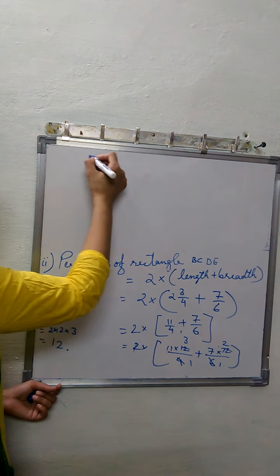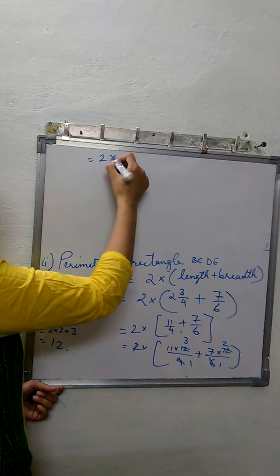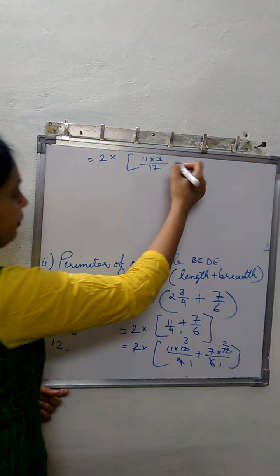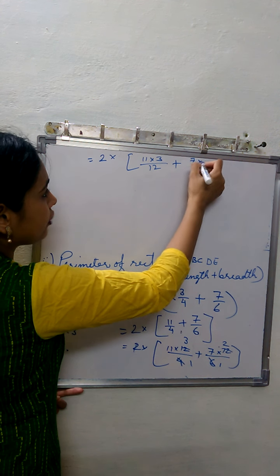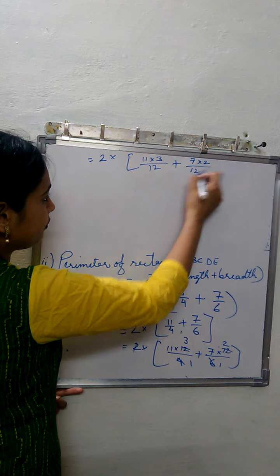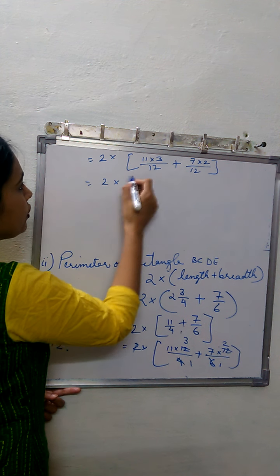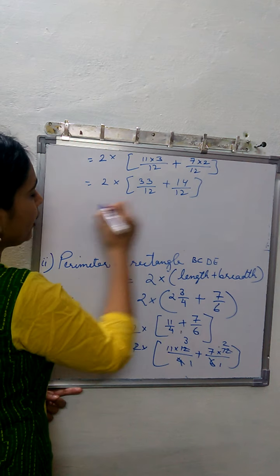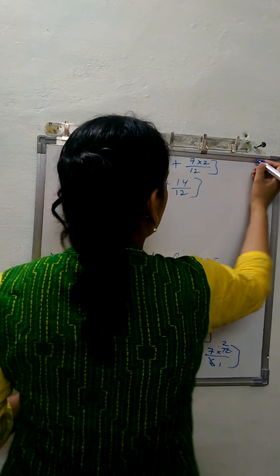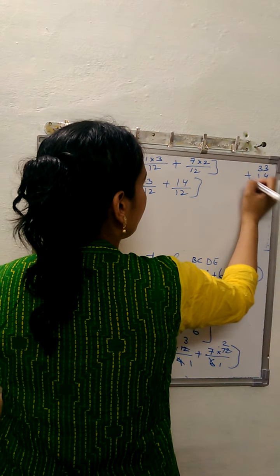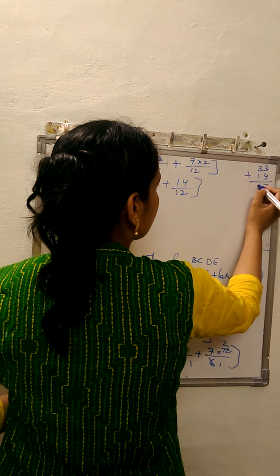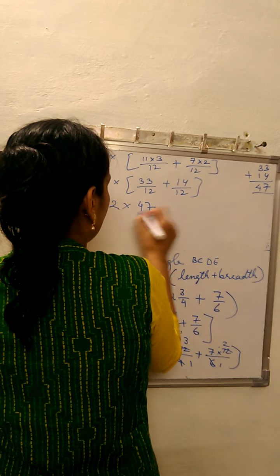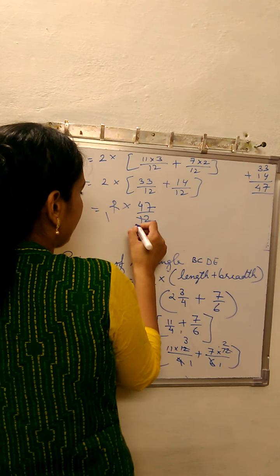Then we cancel. 11 into 3 upon the LCM plus 7 into 2 upon the LCM. 2 into 11 3s are 33 upon 12 plus 14 upon 12. 2 into 47 upon 12. 2 and 12 get cancelled.